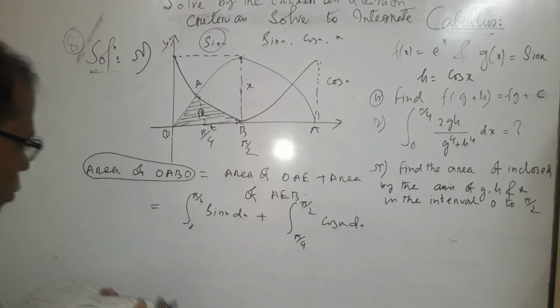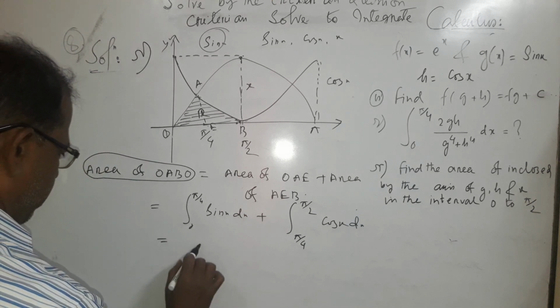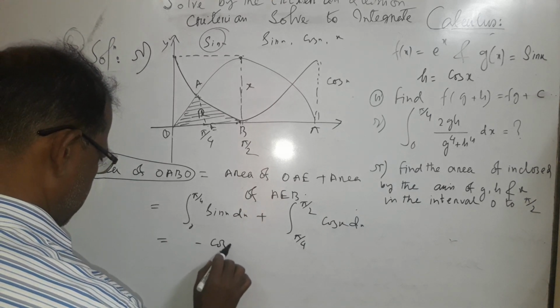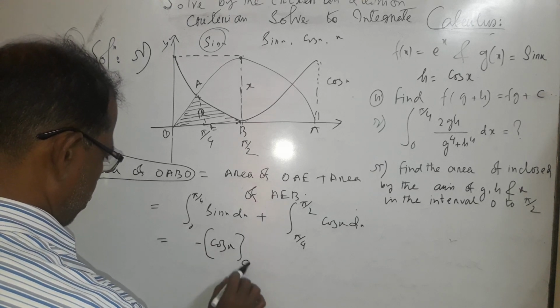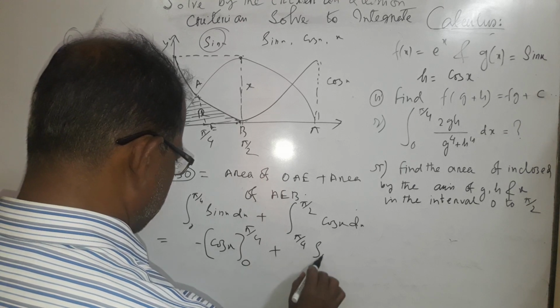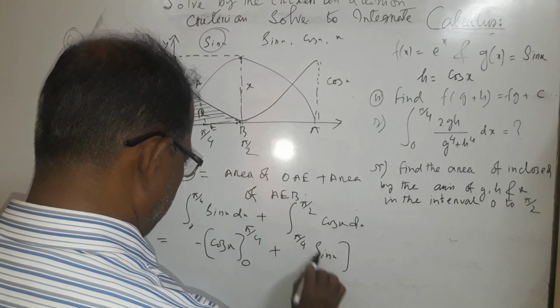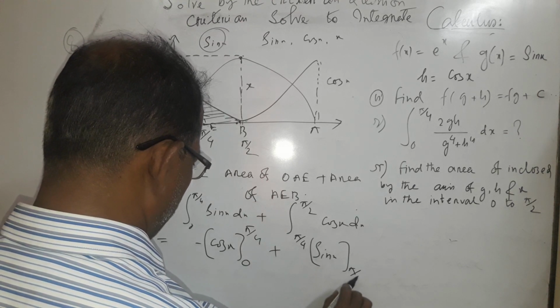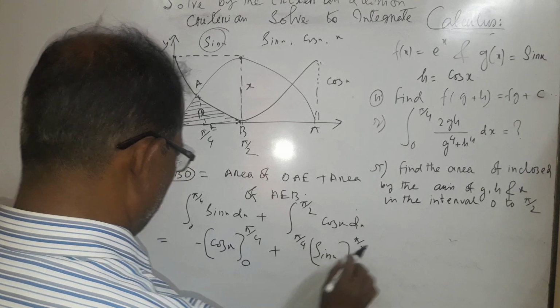So you have to calculate minus cos x from 0 to pi divided by 4 plus sin x from pi divided by 4 to pi divided by 2.